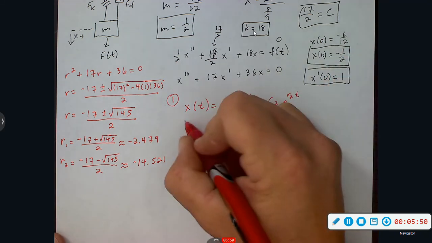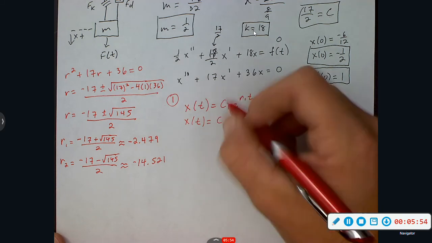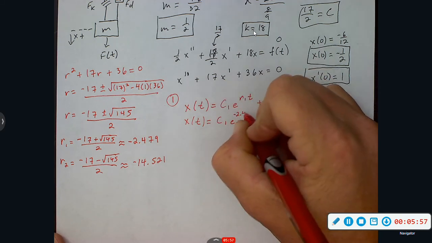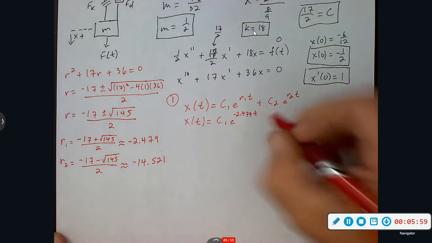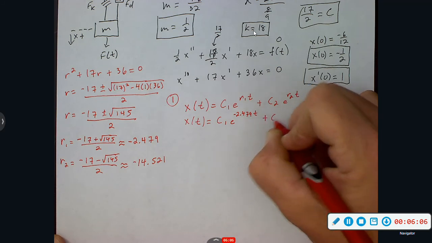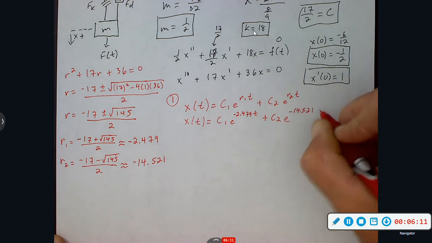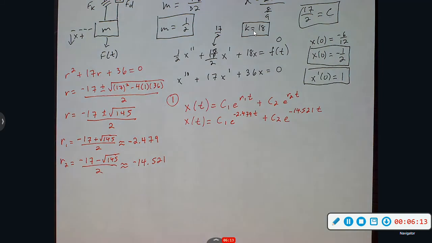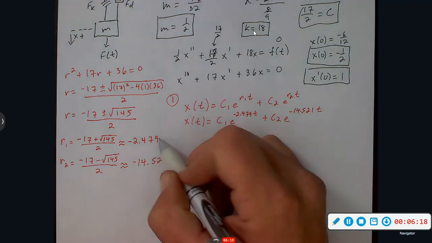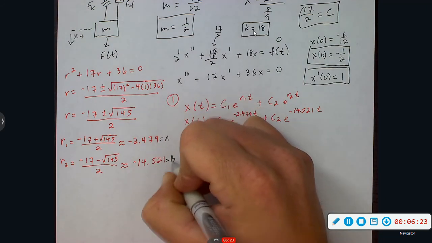So in our case, r1, negative 2.479t, plus c2 e to the negative 14.521t. I am going to go ahead and store these in my calculator. I'm going to store this as A, and I'm going to store this as B.